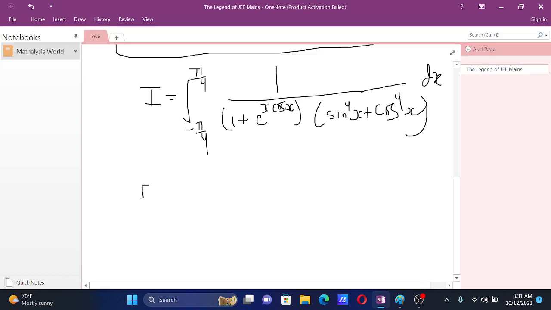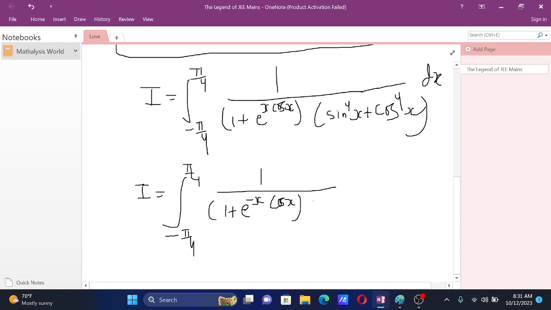This should be equals to I equals to integral from minus pi by 4 to pi by 4, 1 by 1 plus e to the power minus x, and then cos of minus x, that's cos x, and then sine of minus x to the power 4, that's just sine to the power 4x, and cos of minus x to the power 4, that's just cos to the power 4x. Since the power is even over here, it doesn't matter, and dx.